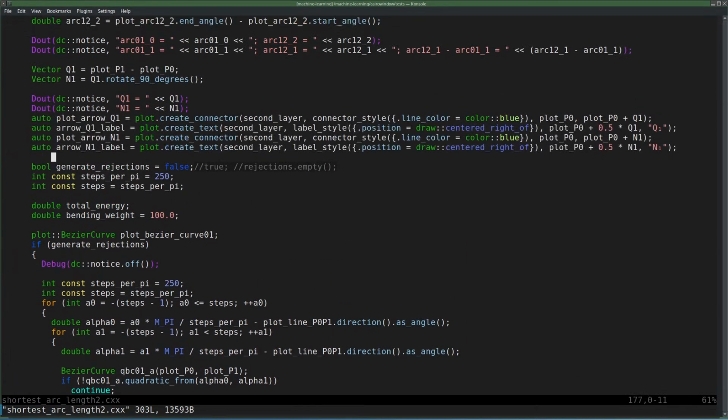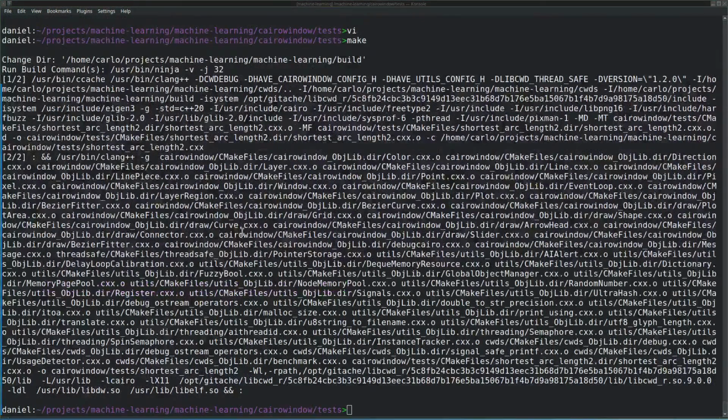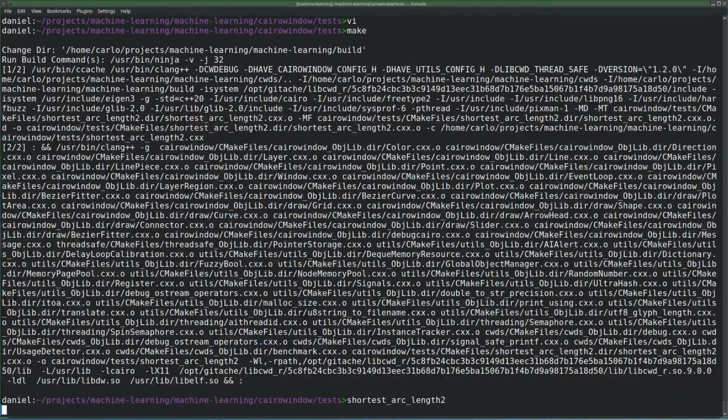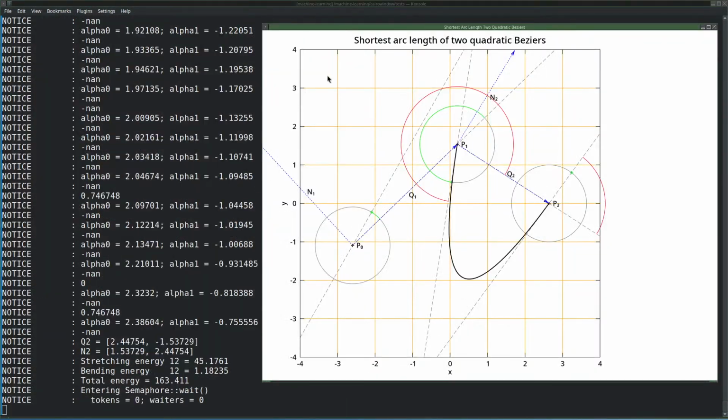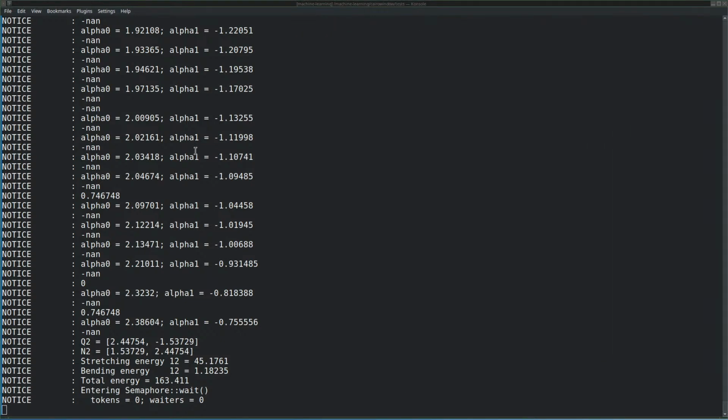Should set this to true again. No, it didn't really help.